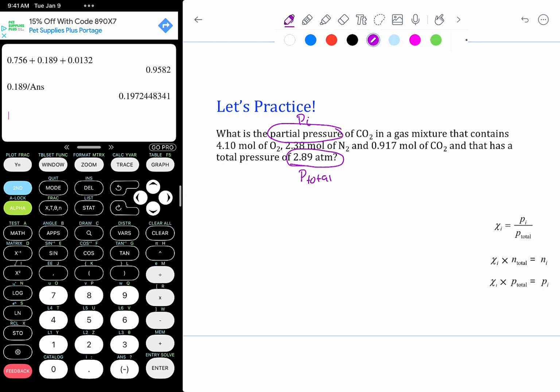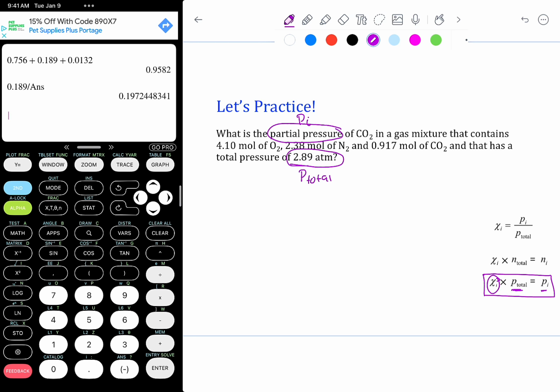Spell total right. So we want to use this equation here. Because I want to find P sub I, I know P total, I just need to find a fraction. Now chi, we said, can either be a mole fraction or a pressure fraction.